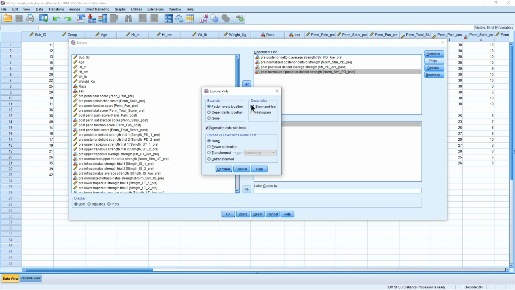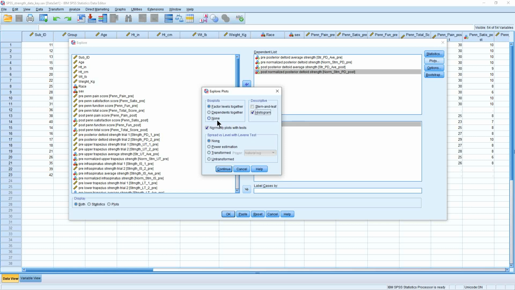Now this is another way, wasn't the way I showed you before, but this is another way to give you histograms. So if you want to do your histograms this way, there's nothing wrong with that. It should give you basically the exact same data. It's just another option.